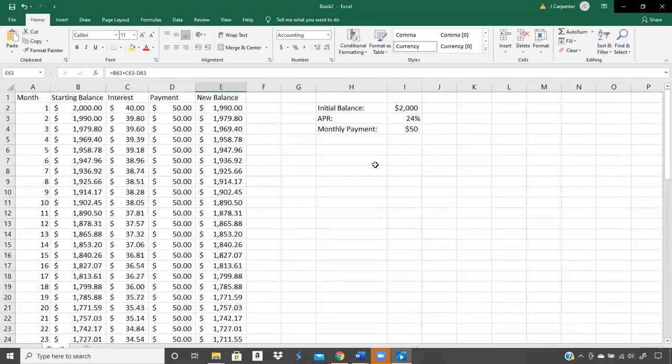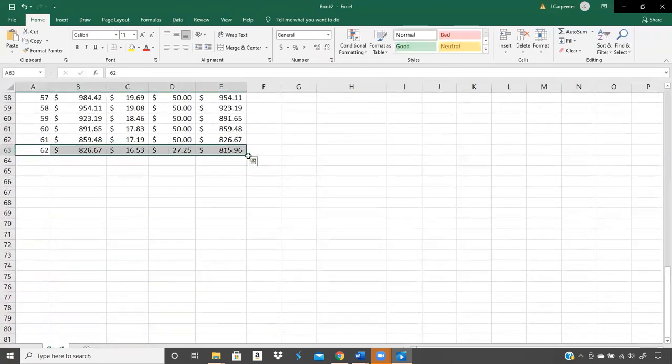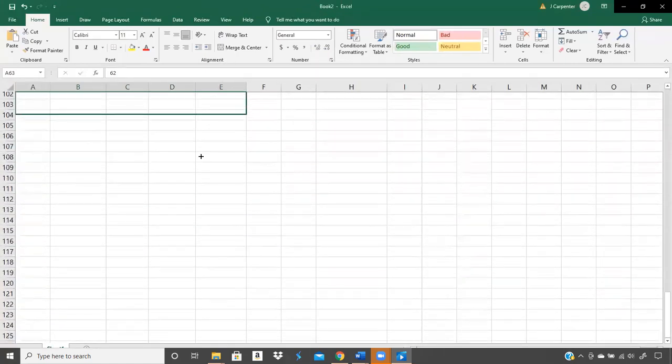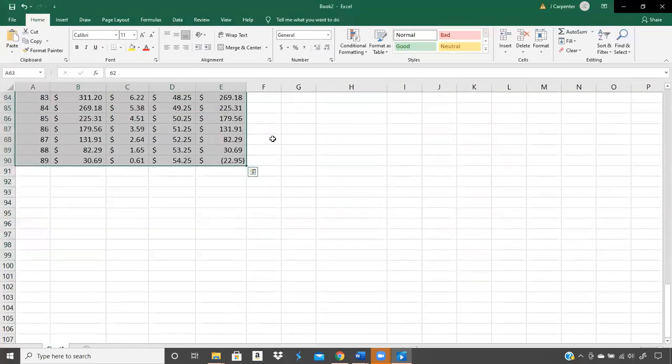So just going from 18 to 24%, which is significant, now it's going to take us, I'm just going to try and guess. Ooh, that was way too far down. Let's try about here. Way too far still, so let's take some away. And there we go. It would take 89 months where that last payment would not be a full payment. And 89 months is what, 7.5 years? Just under 7.5 years.